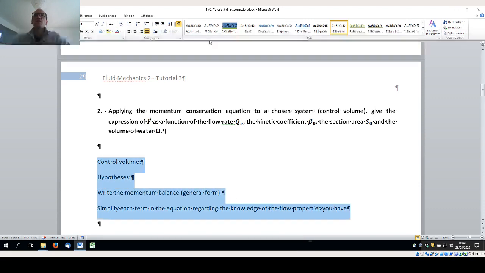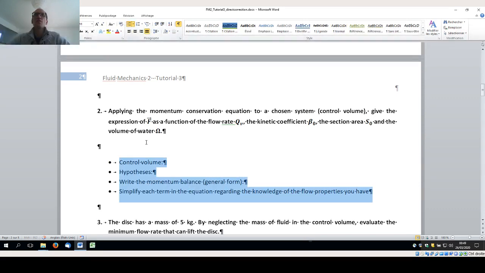So these are basically the different steps you will need to follow here. I let you think about it for a few minutes.